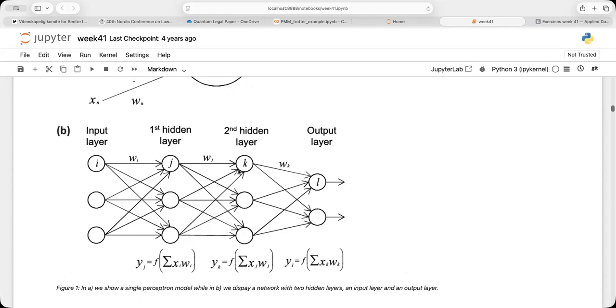So the more layers, yeah? No, the cost function is that it receives your output. So in the figure here, this is actually a little bit important.